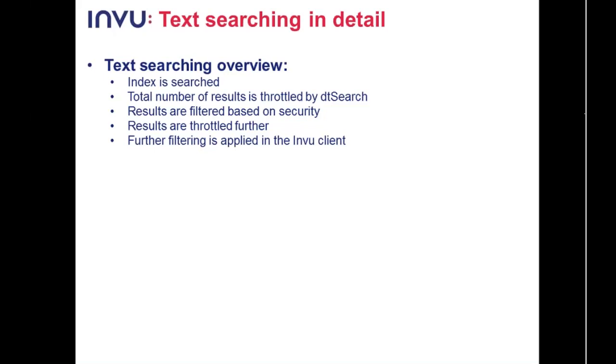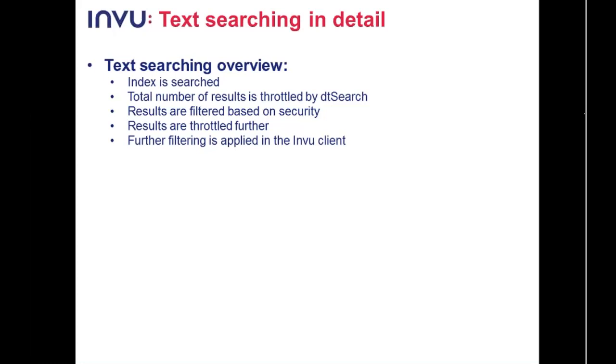So the back-end search might take less than a second, because it's gone to the index and the database. But it's the security filtering that can sometimes take a little bit longer, especially if you're returning a large number of results. So once the results are filtered, they're throttled further, so that when they're presented back to the Invu client, they don't just flood through and cause performance issues.